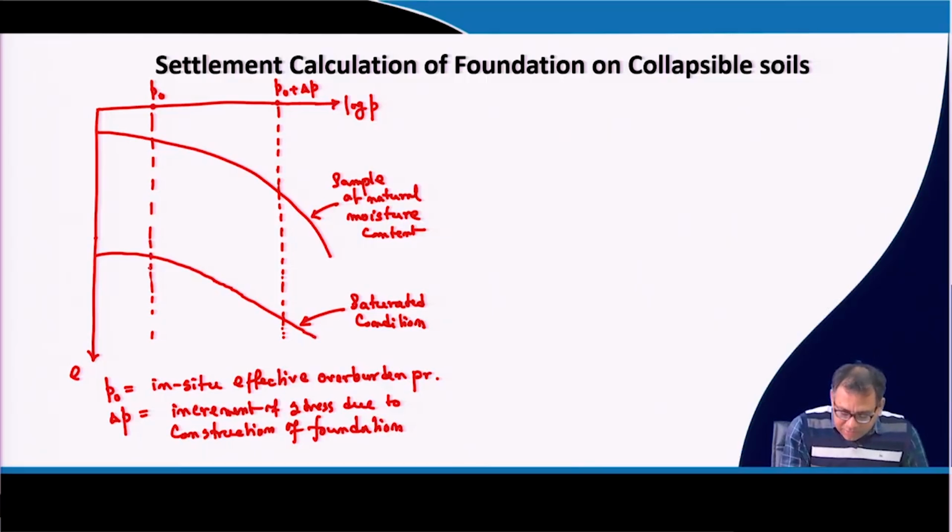From this curve with the saturated condition, I will determine the pre-consolidation pressure. That procedure has been explained in your soil mechanics course. You can use the Casagrande method, by which from this curve you can determine the pre-consolidation pressure. For example, the pre-consolidation pressure is this one.